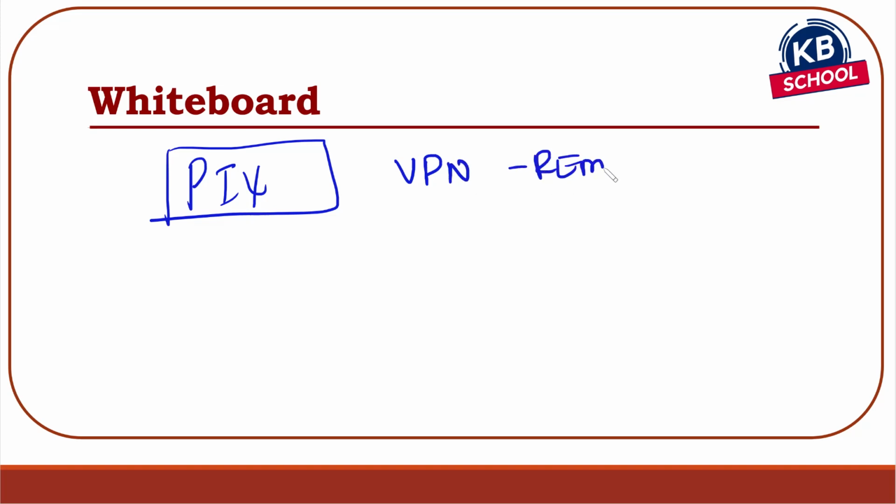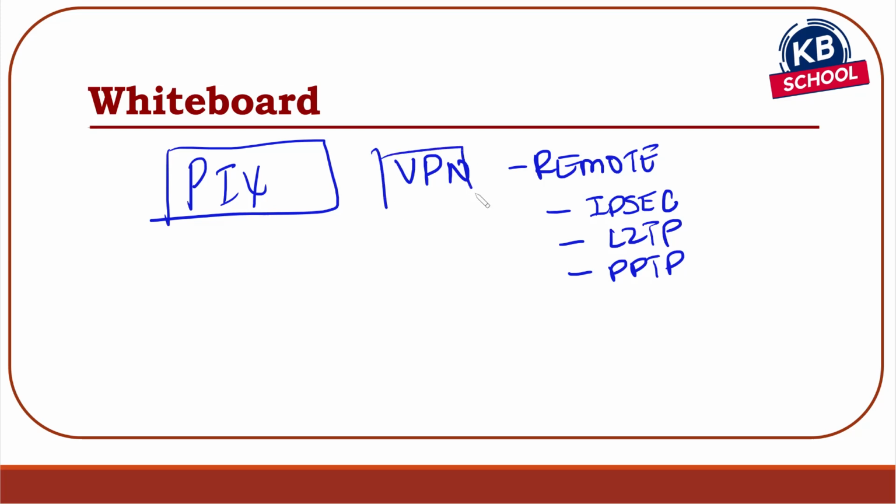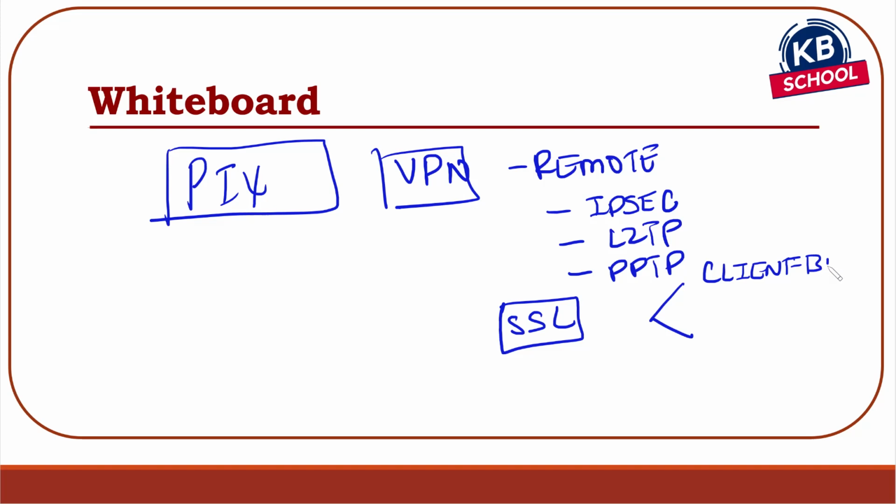They could do remote access VPNs using IPsec, L2TP v3, or L2TP actually in general, and PPTP. The PIX firewall did not have at that time the capability of doing a VPN based on SSL, whether client-based or clientless.